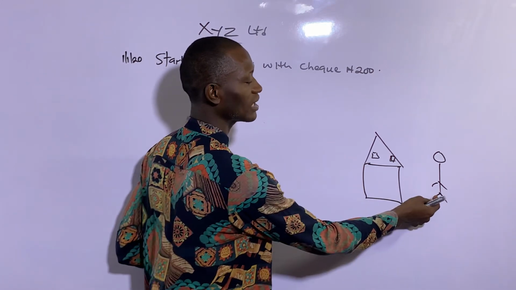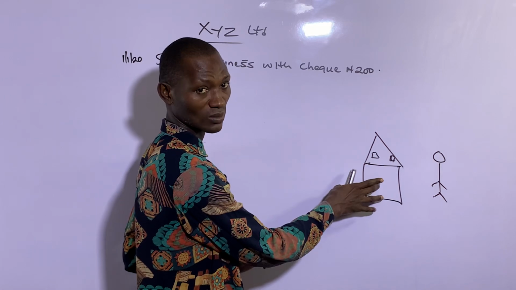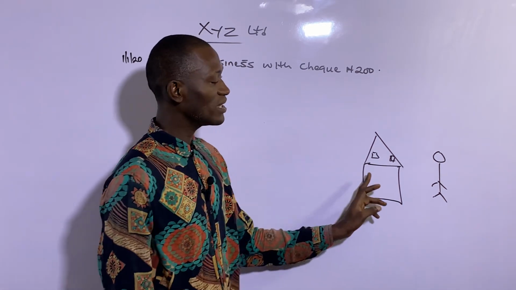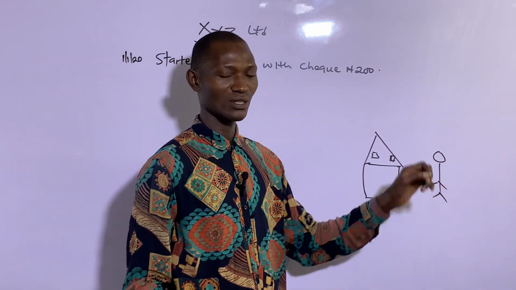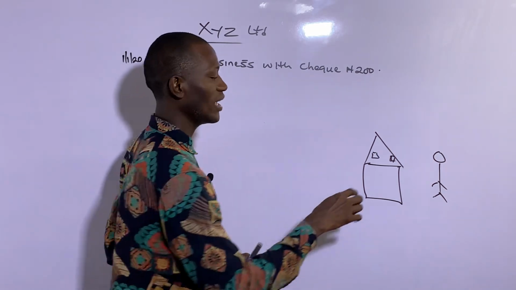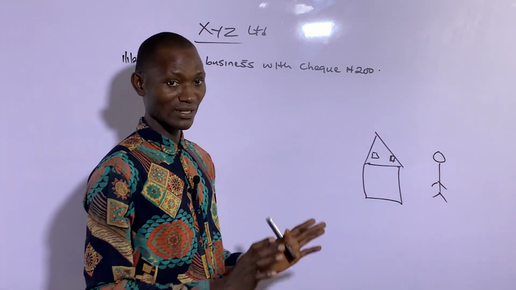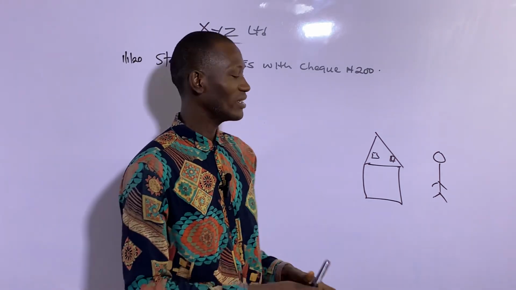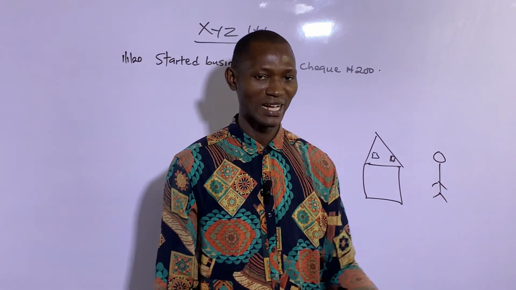So anything the owner gives into the business will be recorded as capital, and anything the business gives to the owner will be recorded as drawings. I repeat, anything the owner gives to the business is called capital, and that capital will be recorded in a capital account.